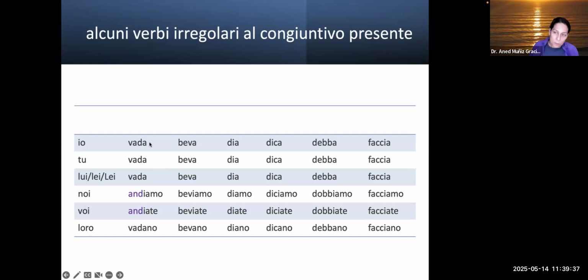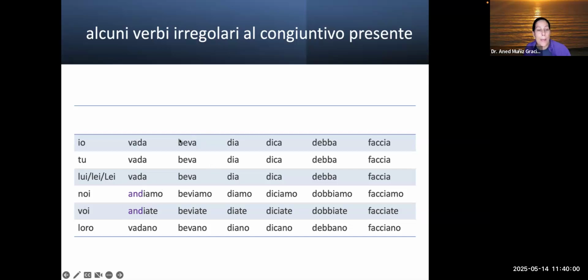Well, just keep in mind that some verbs like andare, right, vado, but then the noi, which is exactly the same as present, right? And you know that it doesn't have the v. And then the voi, very often something similar happens, right? So, but andare is here, so you need to remember this one.